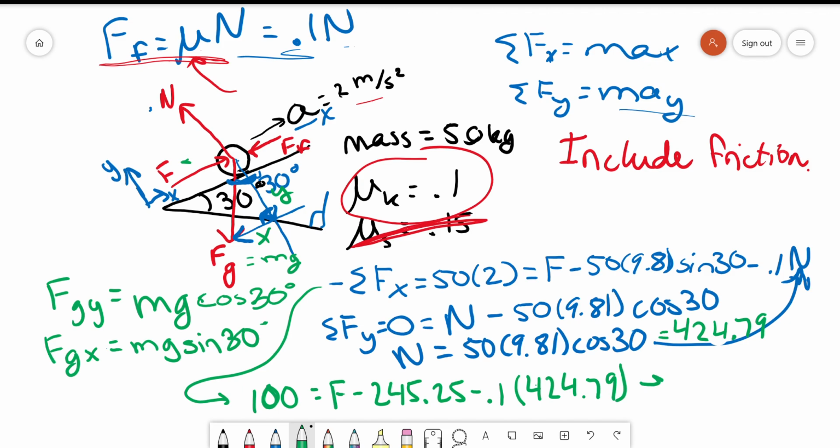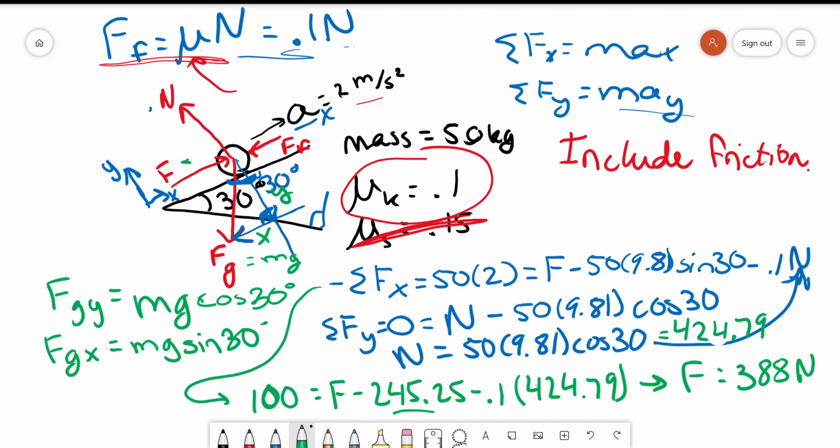And now we can just add both of these to the other side and get what the force equals. So I'm going to do that, and the F is going to equal 100 plus 245.25, plus 0.1 multiplied by 424.79. And that equals 388 newtons. It's actually 387.7.